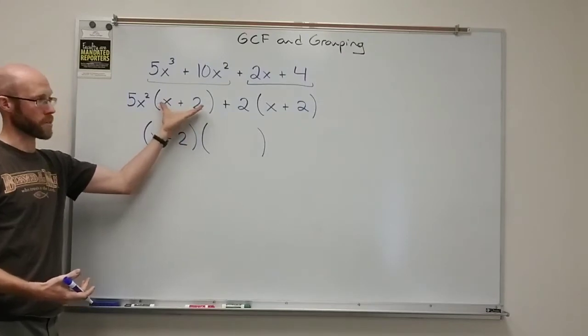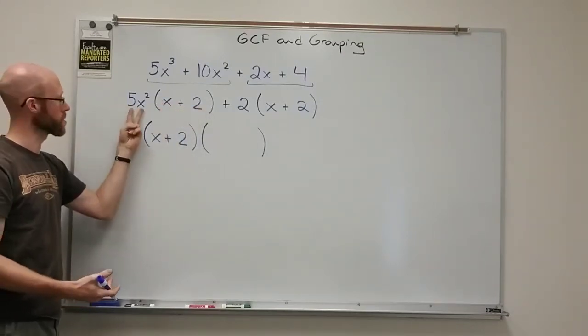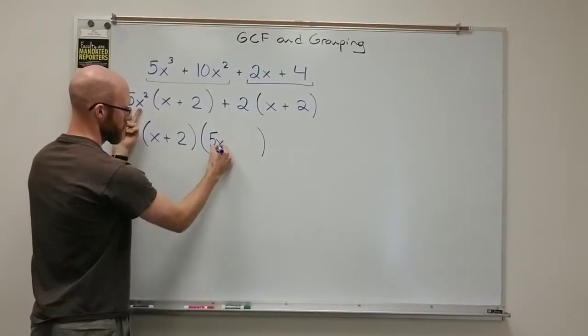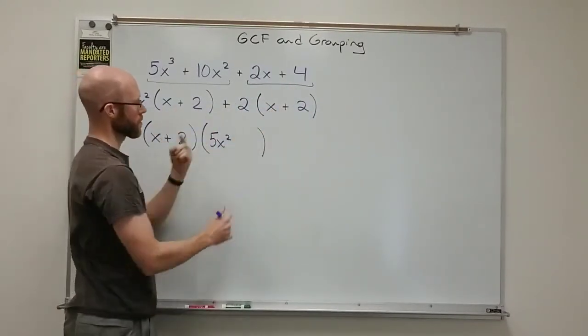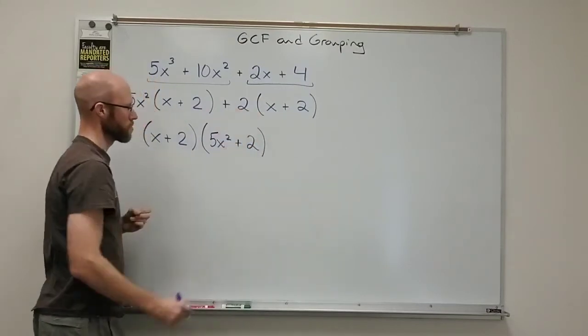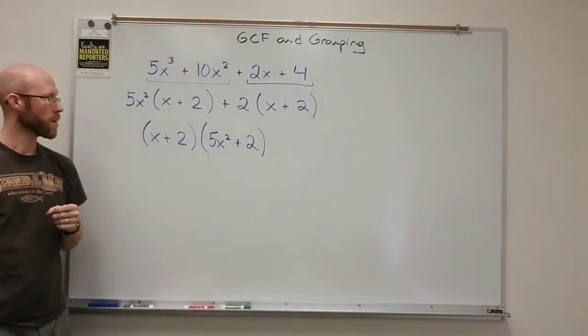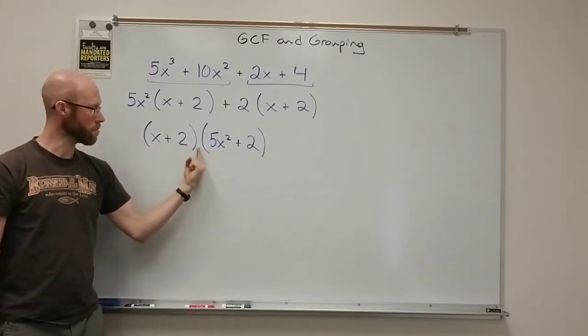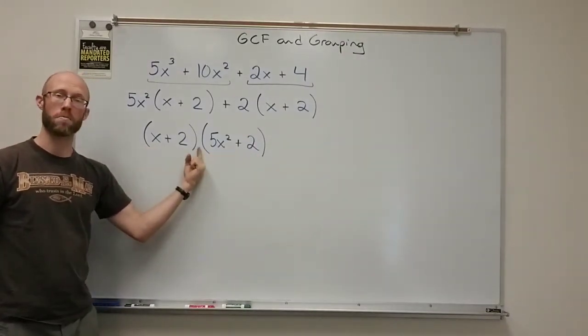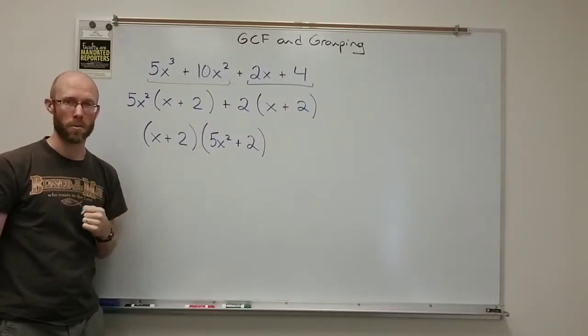So if I pull out the x plus 2 from the first term, I still have 5x squared. And if I pull out the x plus 2 from the second term, I'm still left with a plus 2. Okay? And so you can see we end up with 2 binomials multiplied together, which makes it a factored polynomial. Okay?